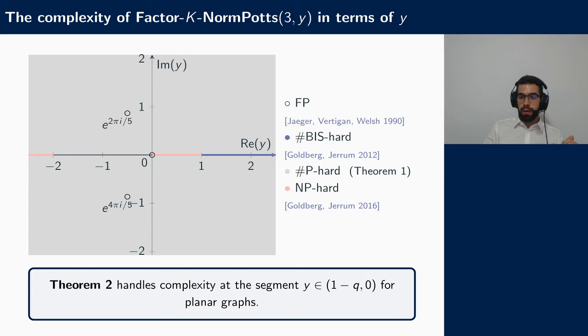And we also have another result, theorem 2, that deals with the complexity at the segment between minus 1 minus q and 0. So what this result says is that the approximation problems on this segment are hard even for planar graphs, okay? Which was an open problem for q equals 3 and 4.